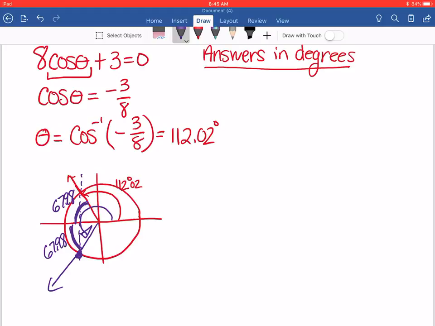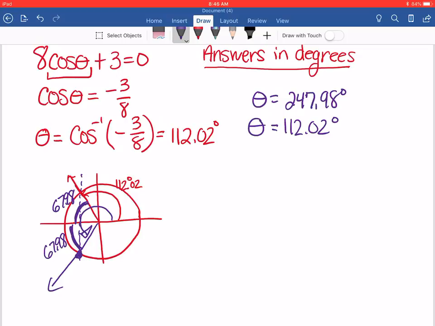So I'm going to take 180 plus 67.98, and that's going to give me 247.98 degrees. That's our first angle, or actually, I'm sorry, our second angle. Our first angle was 112.02 degrees.